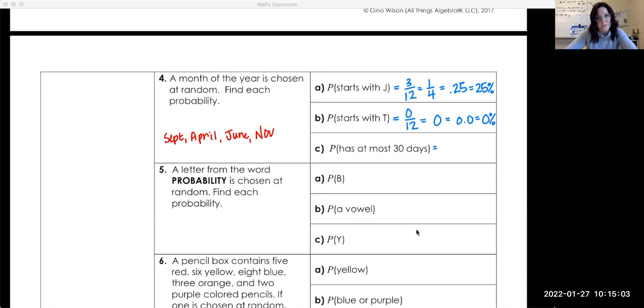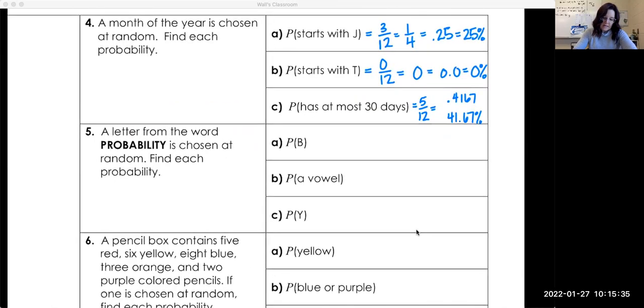All the rest have 31, except for February, which has 28, and on leap year we add 1. So the months that have at most 30 days are September, April, June, November, and February. That is 5 of the 12 months. That can't be reduced, but as a decimal, it is 0.4167 or 41.67%.